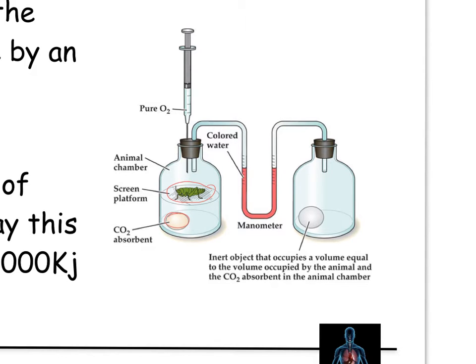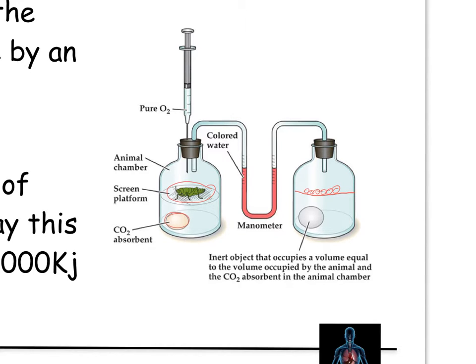On the other side, in this other chamber, you've got something that's representing the same mass as the thing that's absorbing the CO2 on the other side. It should ideally just have a screen here as well to keep this as the same sort of platform, and something up here that's inert, so maybe glass beads, that represent the same mass as the organism that's over the other side, just to make this a fair test.